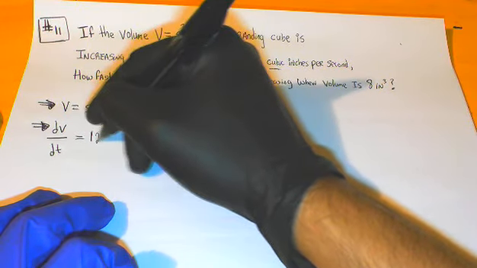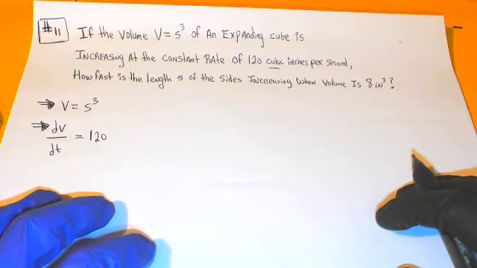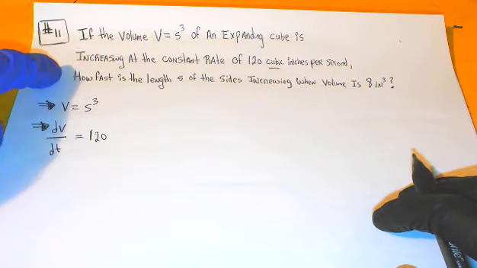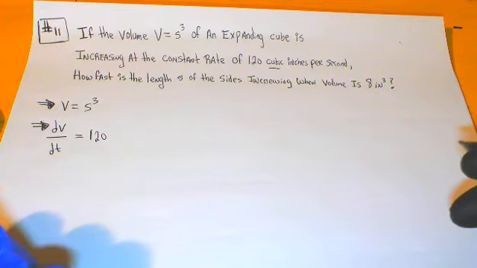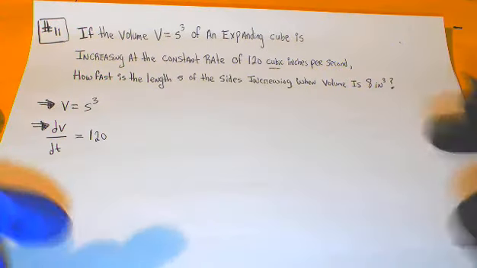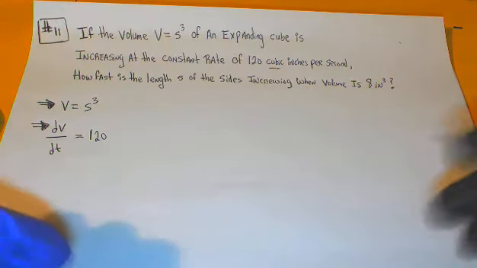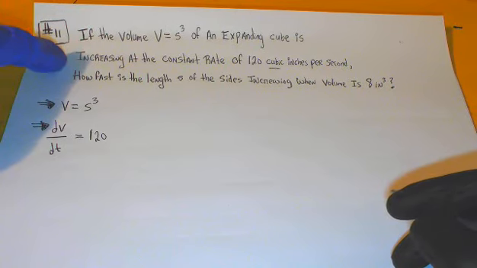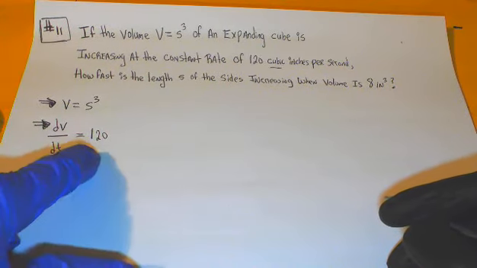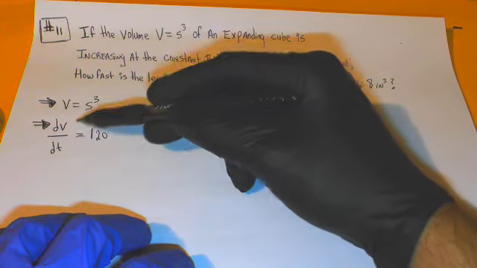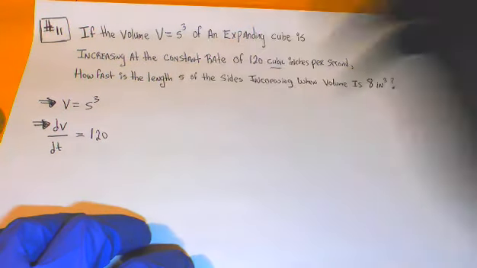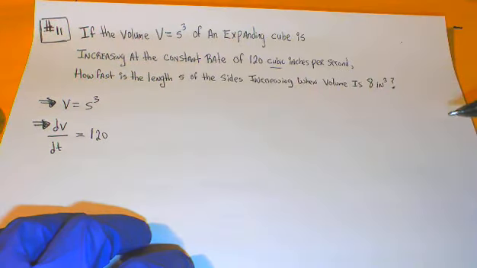is basically positive 120. If the cube was not expanding and was decreasing at a constant rate, then this value would have been negative. So we're given V is equal to S cubed, dV/dt is equal to 120 cubic inches per second.